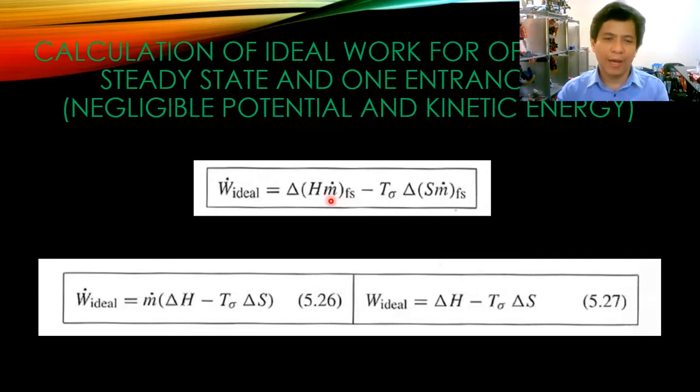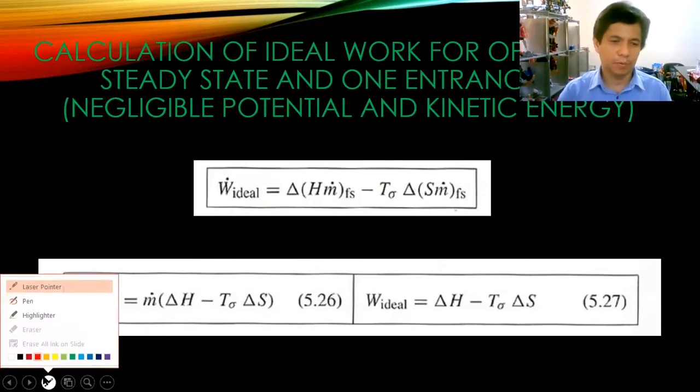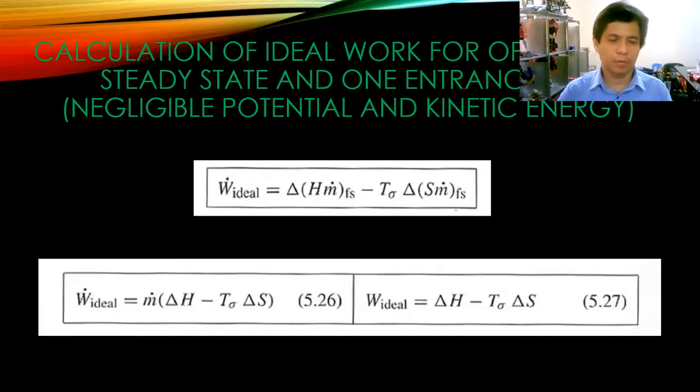So if we multiply both sides of the equation with 1 over m dot, W dot ideal divided by m dot is equal to W ideal.